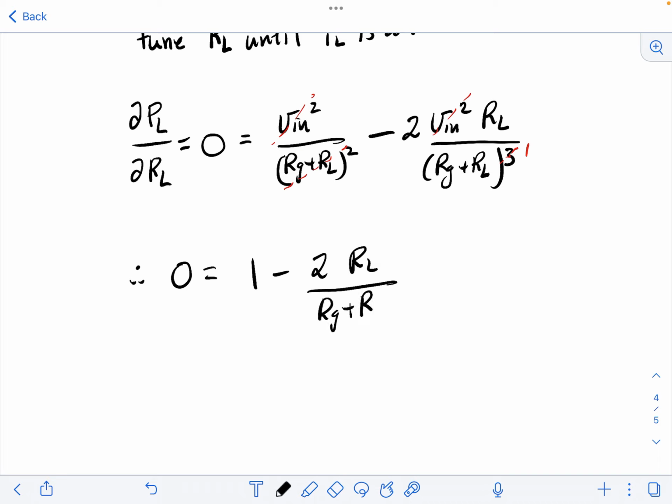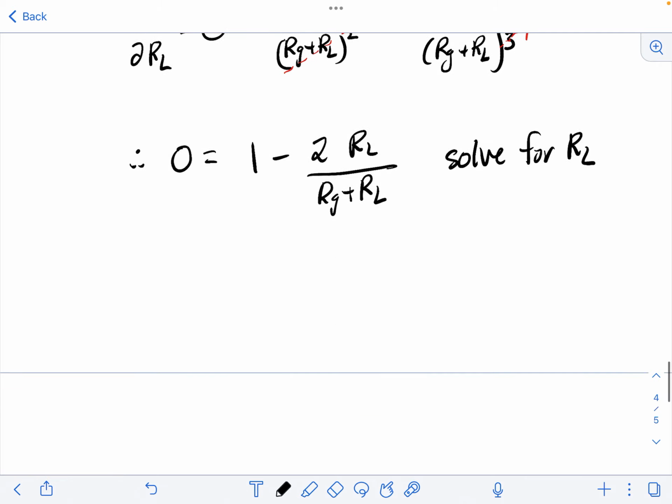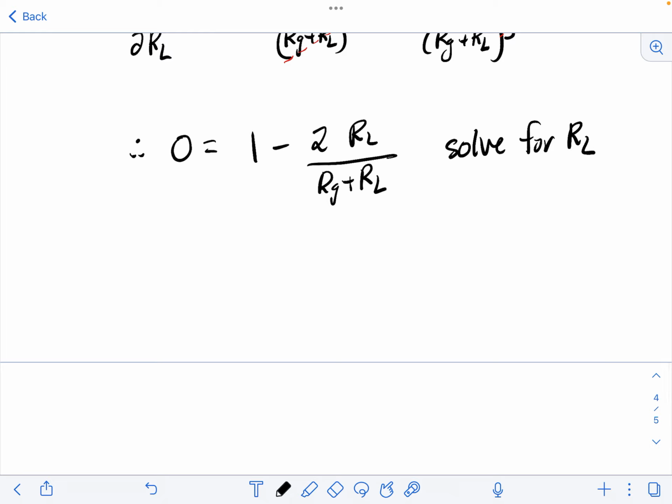And then we solve for RL, and that will tell us the value that maximizes the power. So let's see, what do we get? We get 2RL is equal to Rg plus RL. Subtract RL from both sides, and therefore we want RL to be equal to Rg.